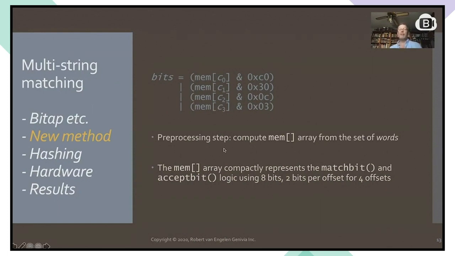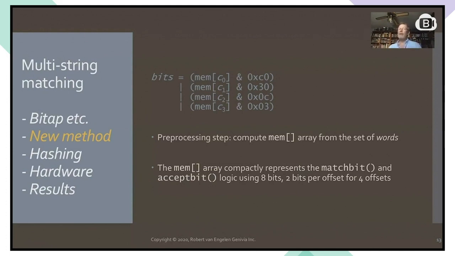So the preprocessing step is essentially to take the collection of words that we are looking for, pre-compute them, and scan over them to populate this memory array. And that's actually a lot cheaper. It's fairly cheap because it's just traversing all the words together. Well, if there are lots, you still have to, of course, traverse them.